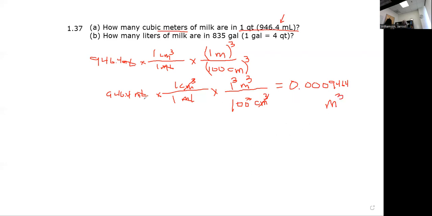But I got to get sig figs. Let's see here. I have 4 sig figs. Exact, exact, exact, exact, because this is defined. So I need 4 sig figs. I need to turn it into scientific notation.